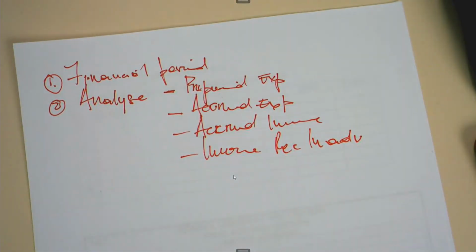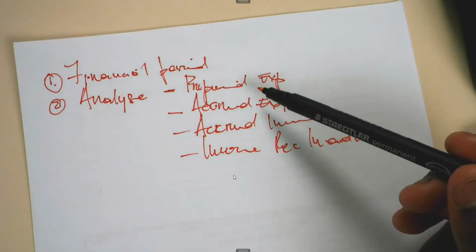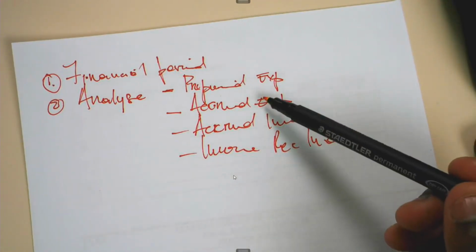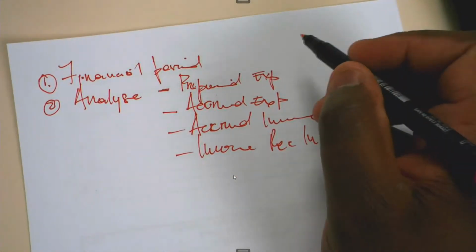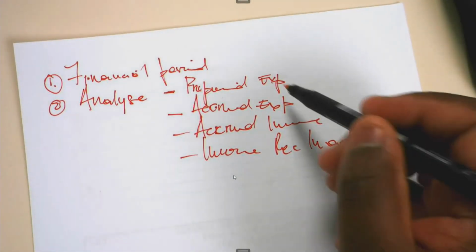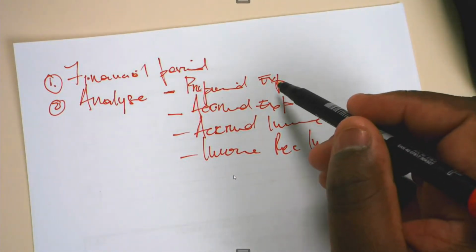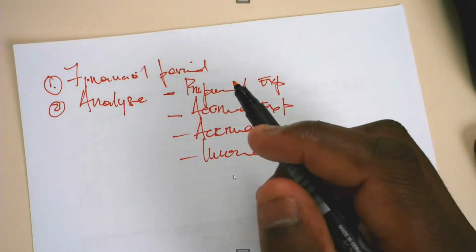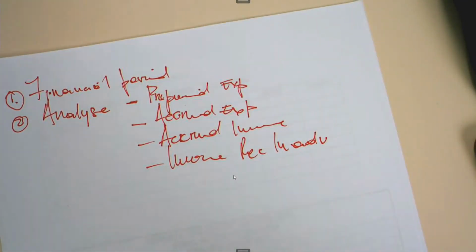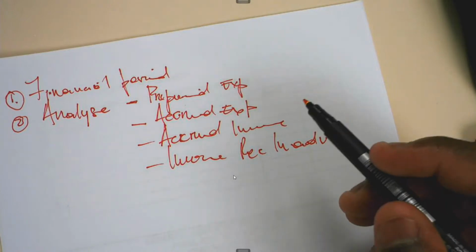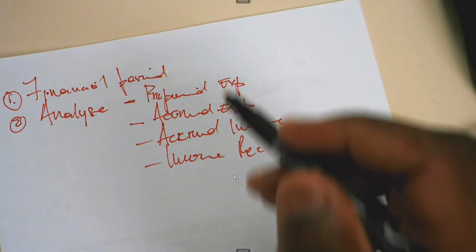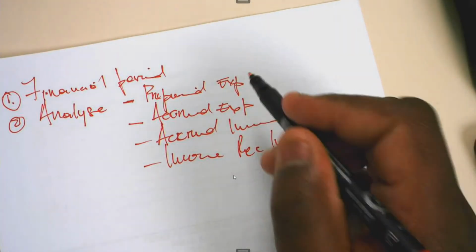Now, how do we know if an adjustment or an expense is prepaid or accrued? At the end of the financial period, if an expense, say for instance insurance or water and electricity, is prepaid for the next financial year, or that particular expense overlaps to the next financial period, then you know it is prepaid expense.